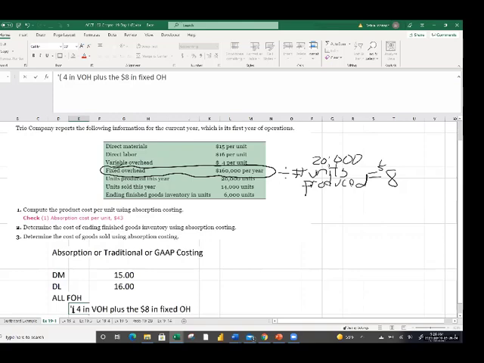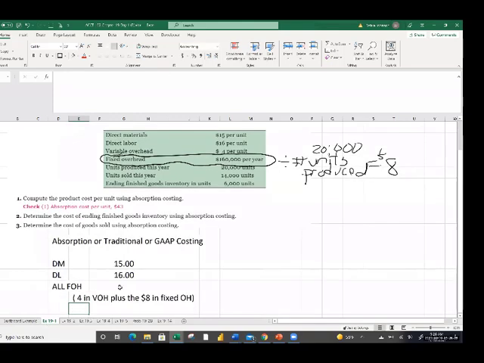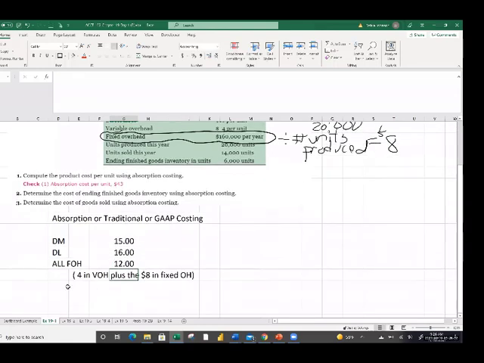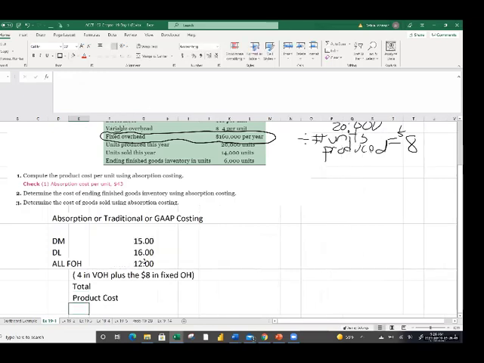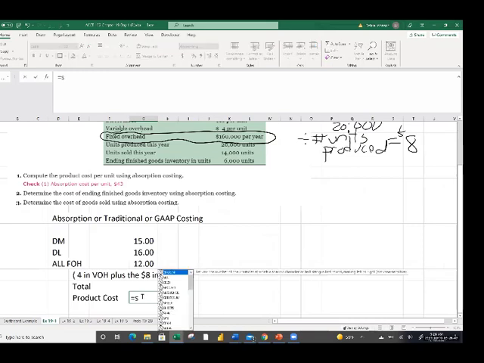Remember, GAAP costing, we picked up all the overhead. So that would be $12 a unit. So when I total this up, we'll call this total product cost. I'll make it a little bit bigger so you can see the word. I'll add those up.